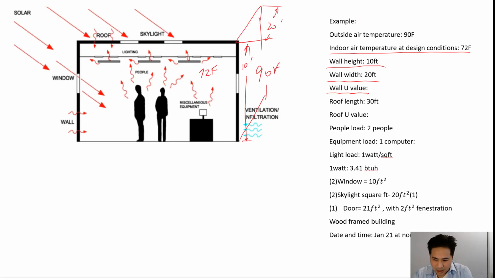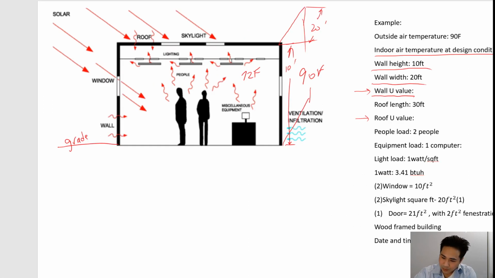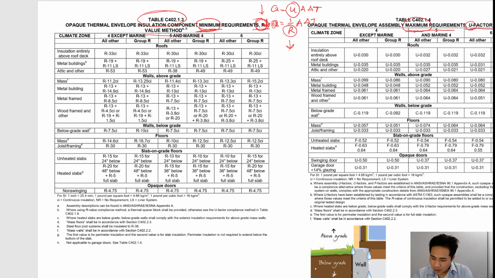Now in this example, we need to get the wall U value as well as the roof U value. In this case, this is grade. Grade just means the ground level. So when we look for that value, we're considering the number 4 column, climate zone 4, which is New York City.